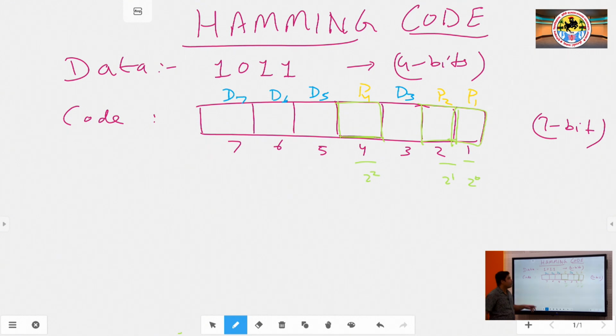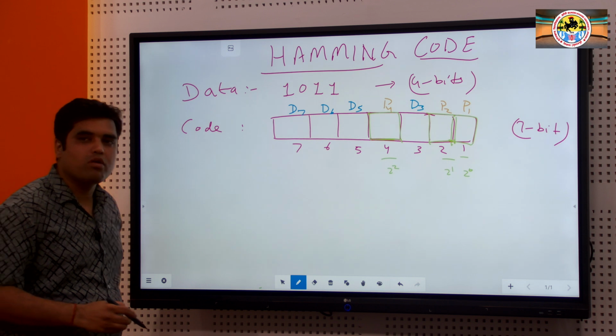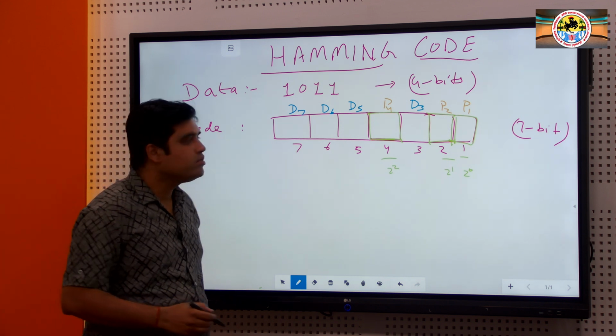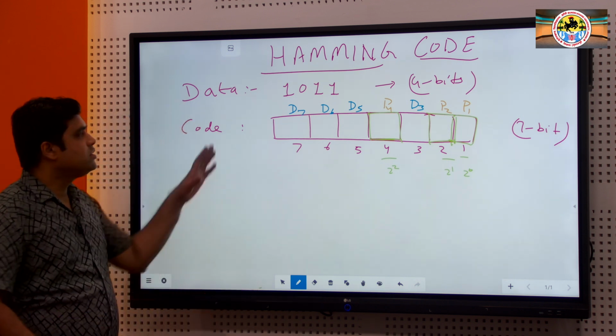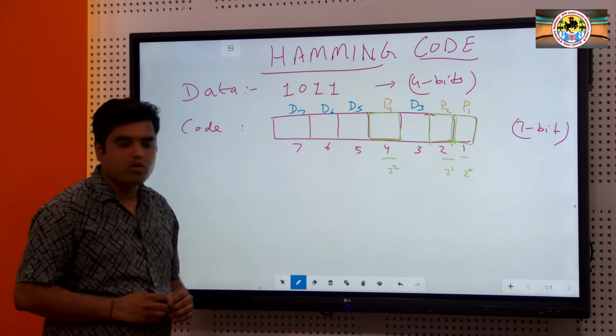Look how I named the blocks. The positions which come in the 2 raised to the power n category are reserved for parity bits and the remaining boxes are for data. So, first we have to fill the data which is given in our problem.